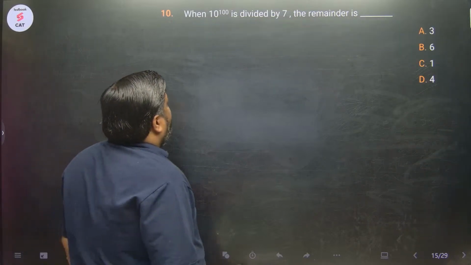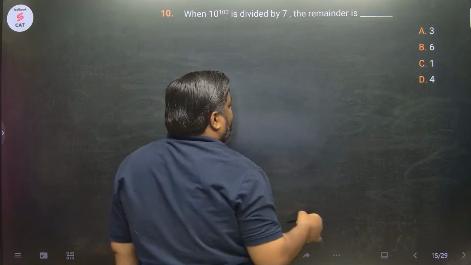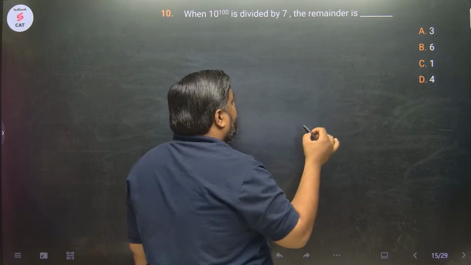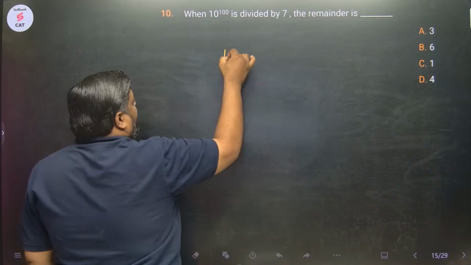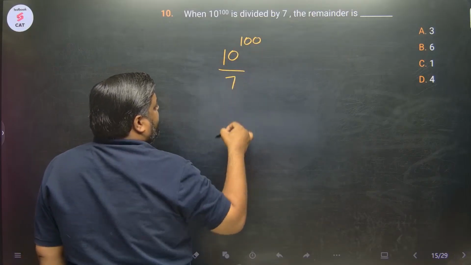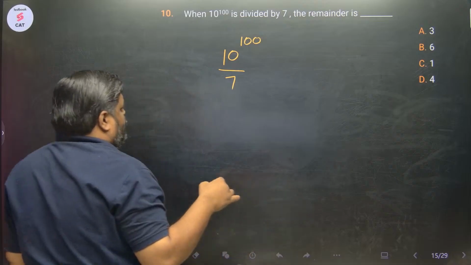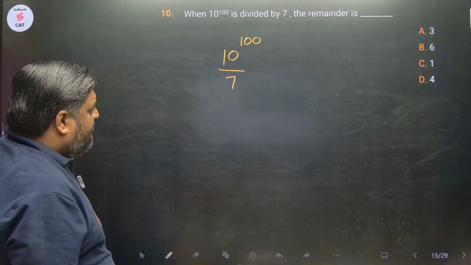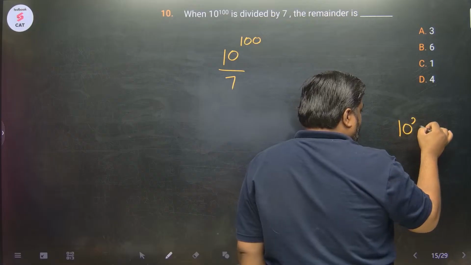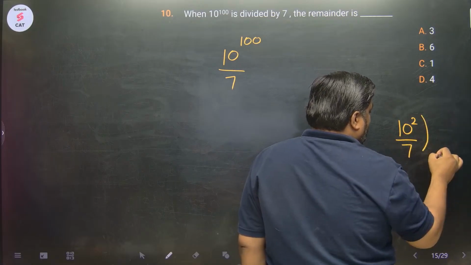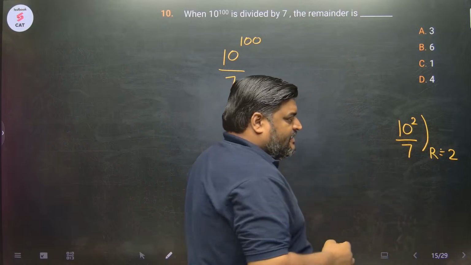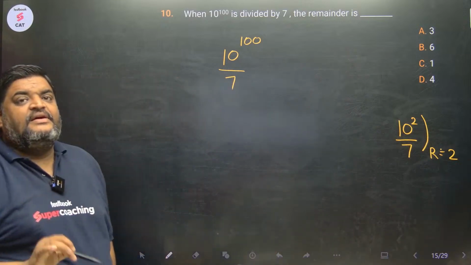10 raised to the power 100 when divided by 7. Remainder theorem. Okay. देखो, I know that 10 square divided by 7, the remainder is 2. 10 square is 100 divided by 7, the remainder is 2.